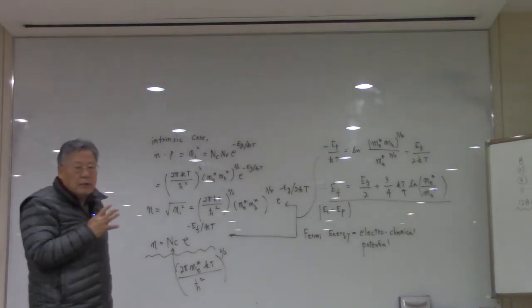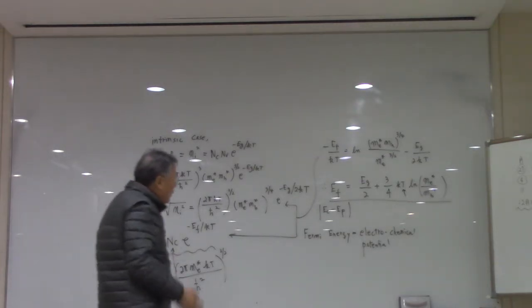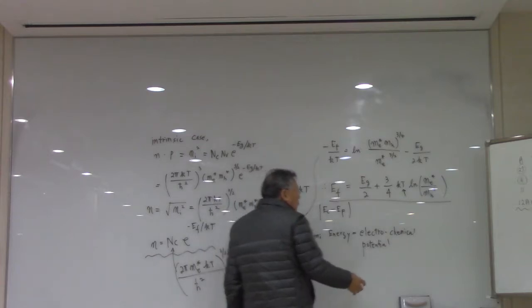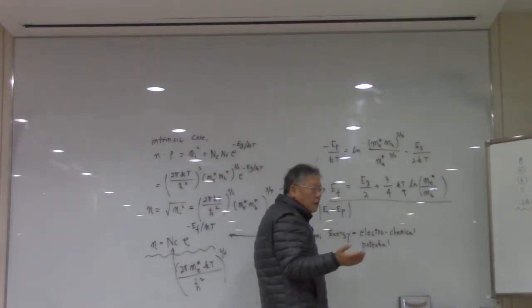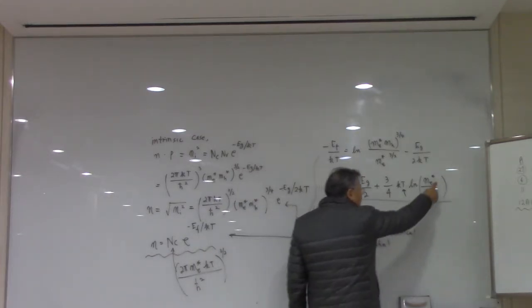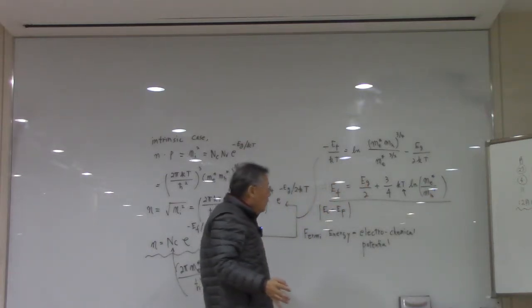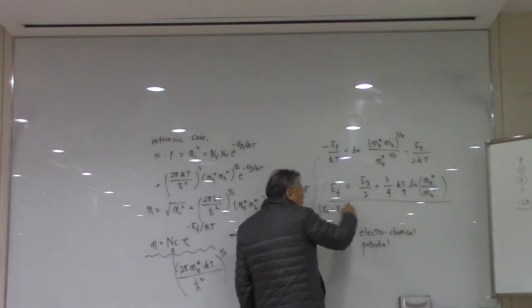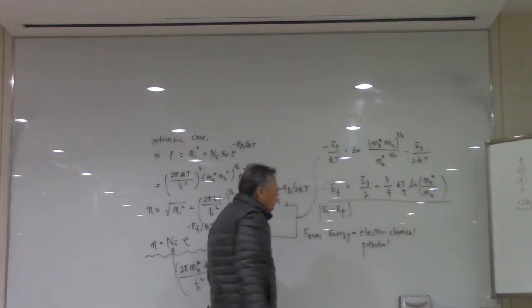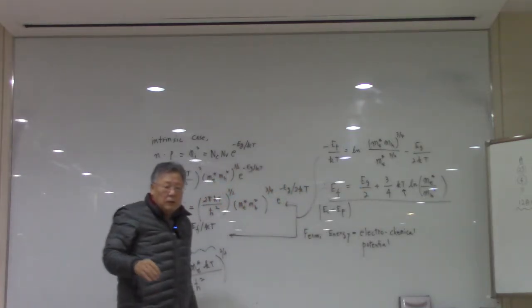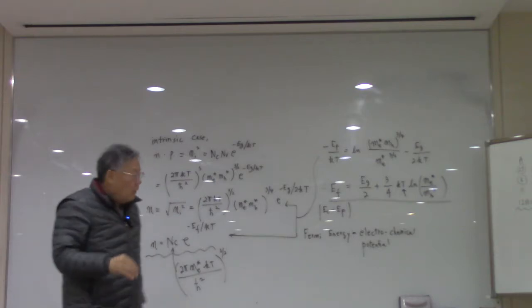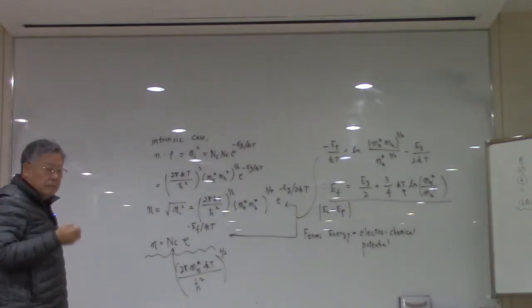At absolute zero temperature. Okay? And even at elevated temperature, if the effective masses of electrons and holes are the same, then again you're going to have the Fermi energy at half of the band gap, right?